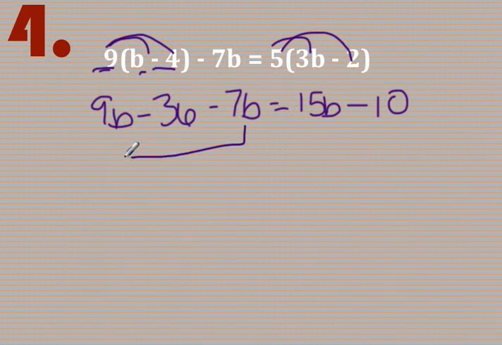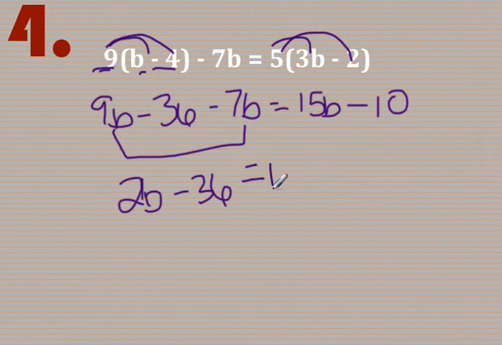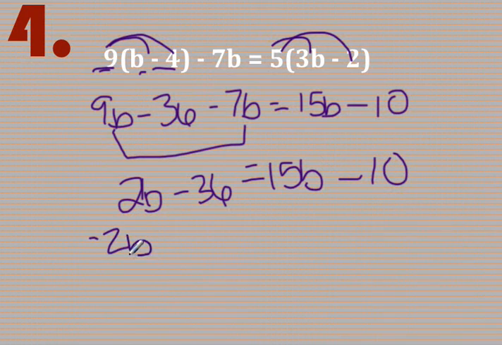So let's combine these two b's. So we have 9b minus 7b. That's going to give me 2b, or not to be, just kidding. Then minus 36 is equal to 15b minus 10. So what I'm going to do is subtract this 2b to be on the same side as the 15b, because I don't know about you, but I like positive numbers.